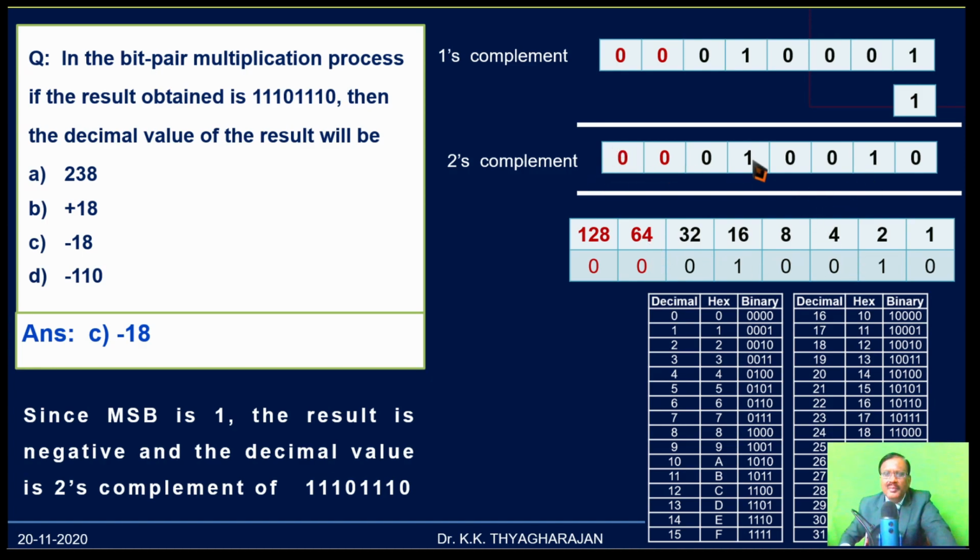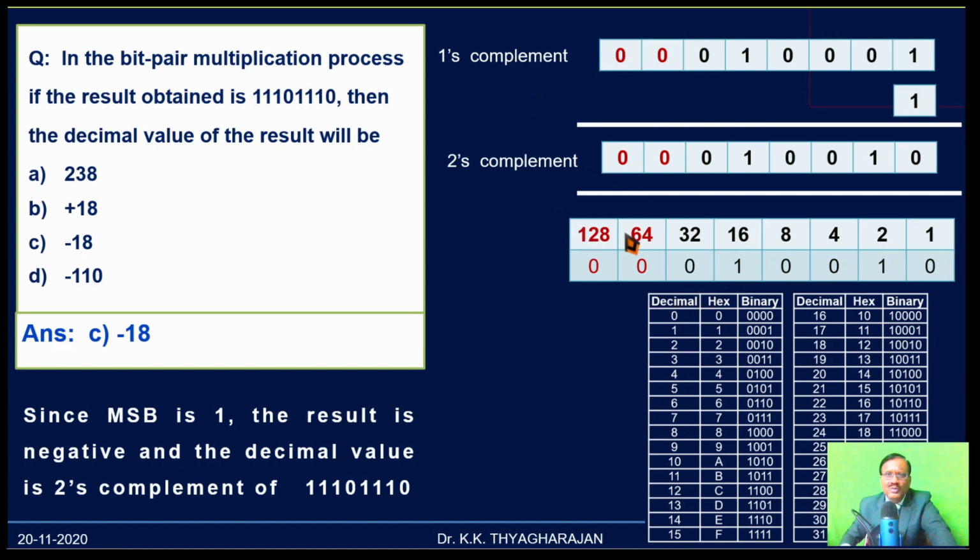Now you put the binary bits here, that is 0 here, 1 here, 0 here, 0 here, 1 here, like that. Now to get the decimal value, here 1 is there, so 16, then here 1 is there, so 2. So 16 plus 2 is 18. So the value is 18.